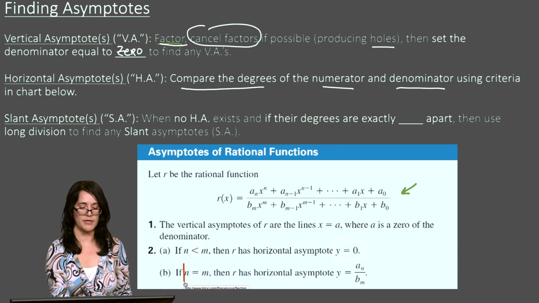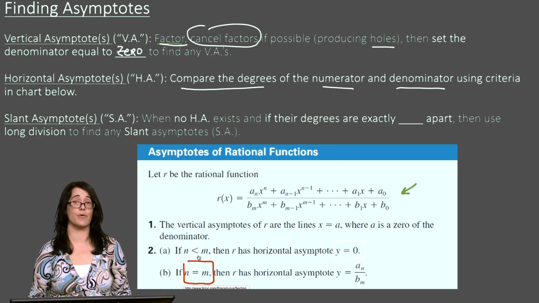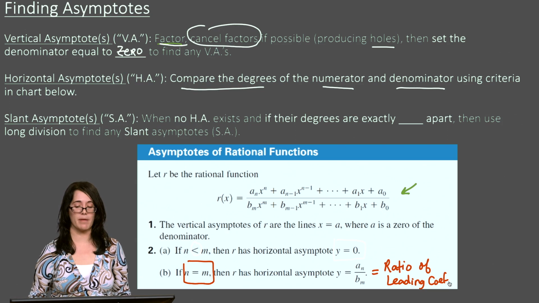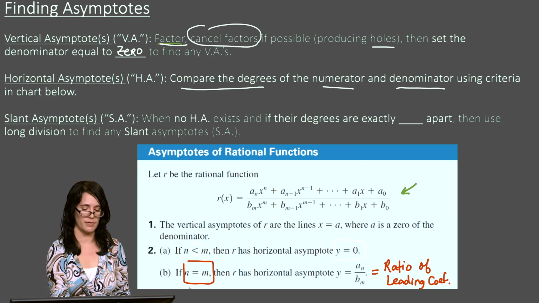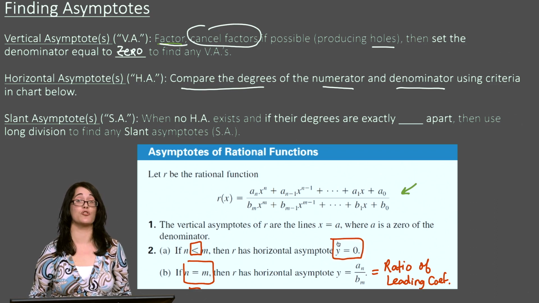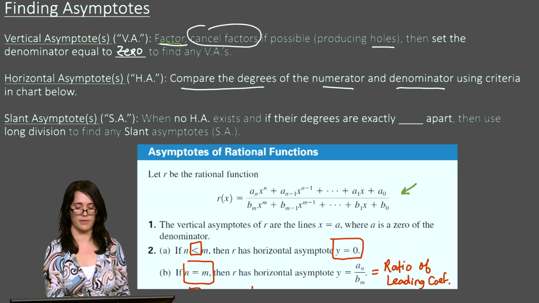And if the degrees were equal, then we did have a horizontal asymptote, and we got it by taking the ratio of our leading coefficients. And finally, if the degree of the numerator was greater than the degree of the denominator, then we had no horizontal asymptote.